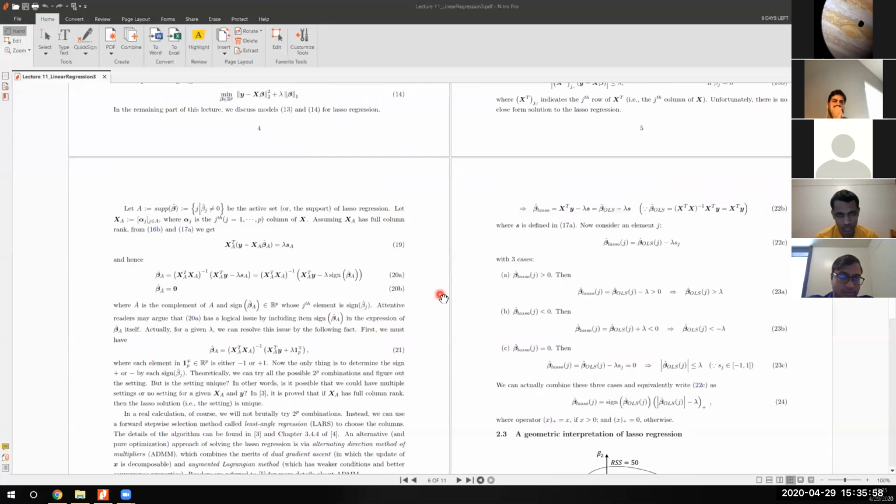So the thing here is that I have beta_A equal to this part, and actually you can see, guys, what is this part? This is nothing but the least square solution. See it? It is the least square solution.